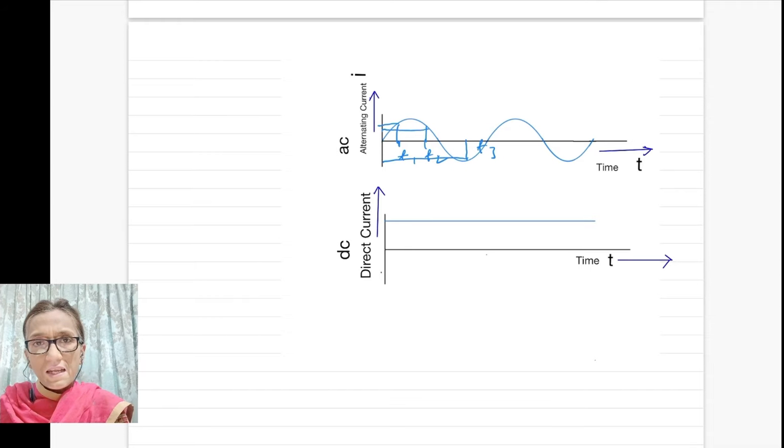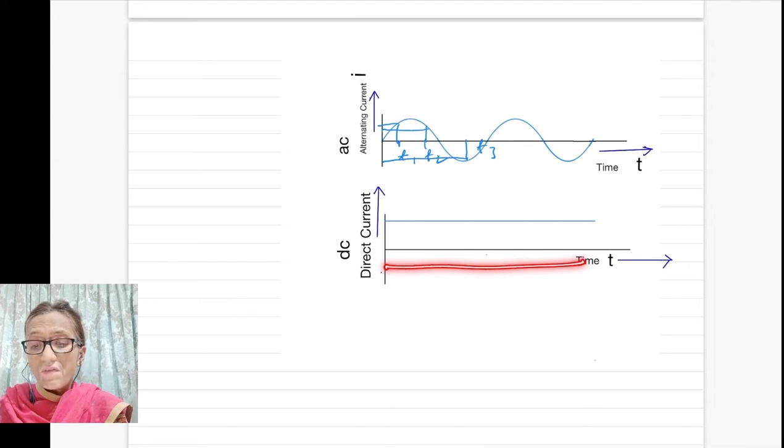It becomes negative. This is your AC. It varies in time, not only in magnitude, it also varies in direction. In the first half time period, it flows along one direction. In the next half of the time period, it flows in the other direction.